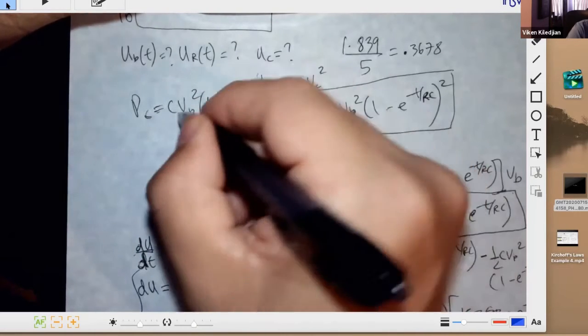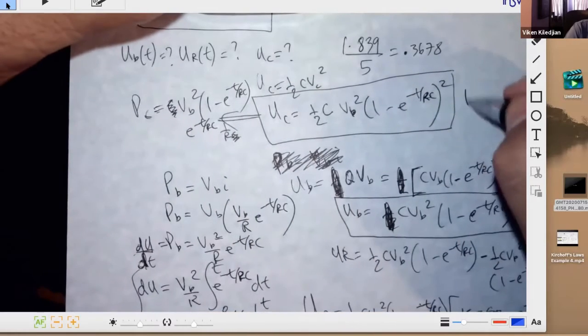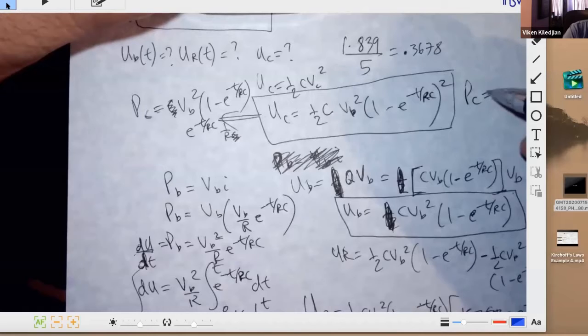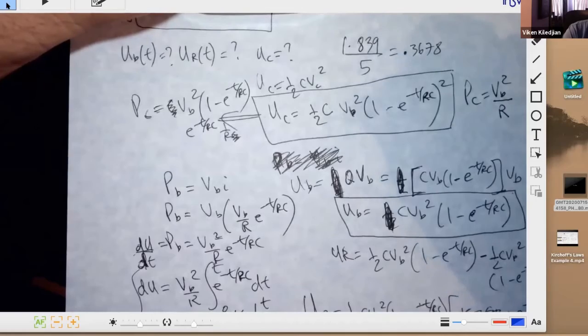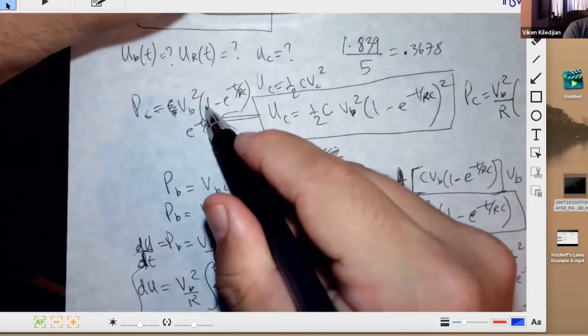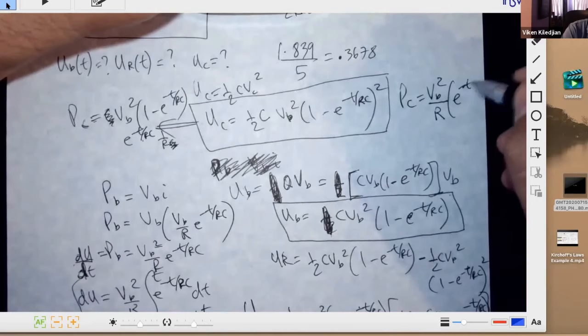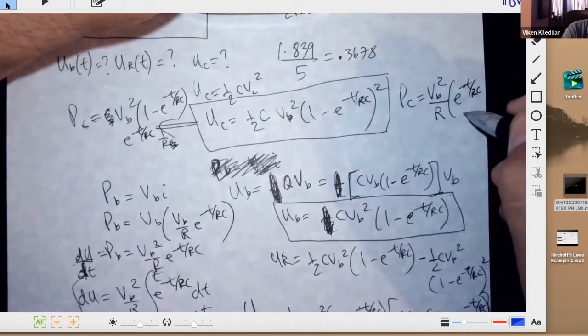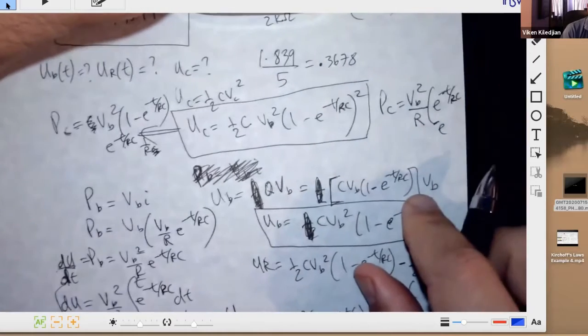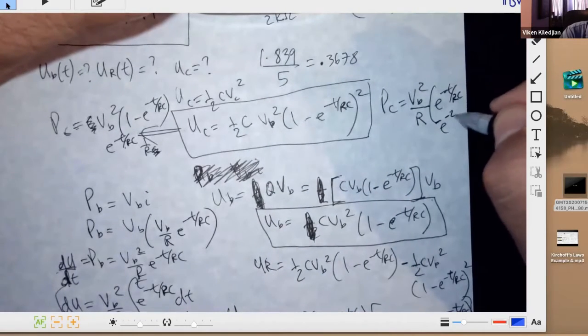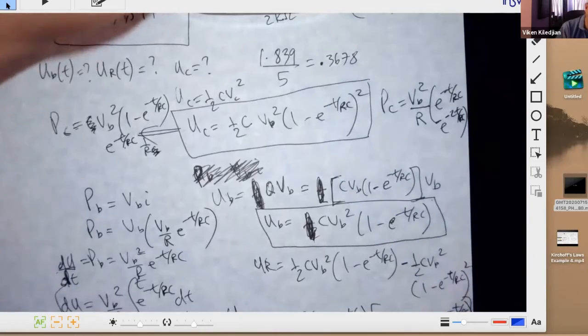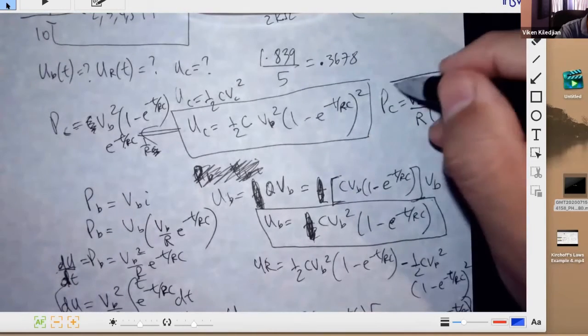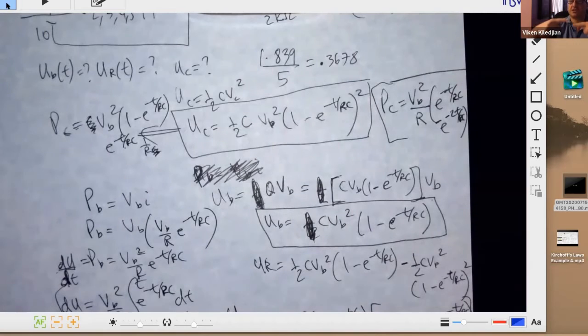And then the C and the C are going to cancel. So the power of the capacitor equation is VB squared over R times e to the minus t over RC minus e to the minus 2t over RC. So that's the rate at which you're charging the capacitor in an RC circuit.